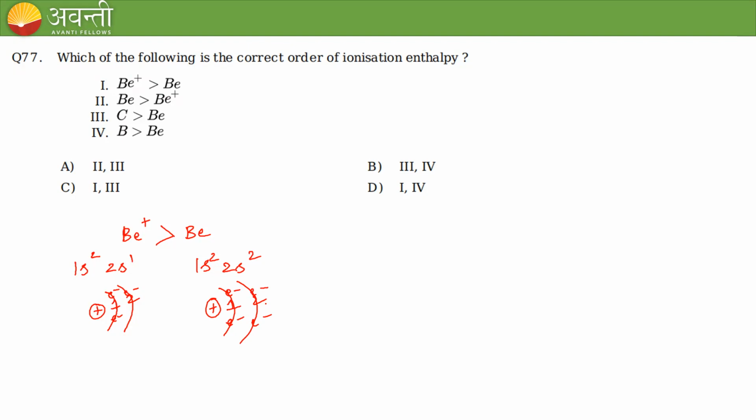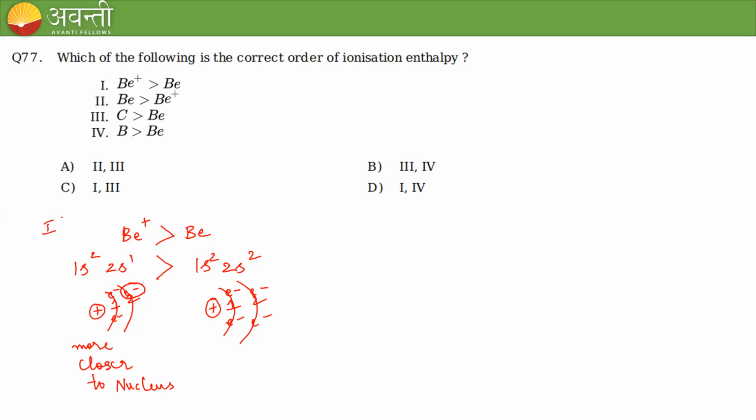After the removal of 1 electron from beryllium, that is in beryllium plus, the outermost electron, that is the 3rd electron, is more close to the nucleus. So the energy required to remove the 3rd electron from beryllium plus is relatively very high compared to beryllium. So the ionization energy of beryllium plus is more.